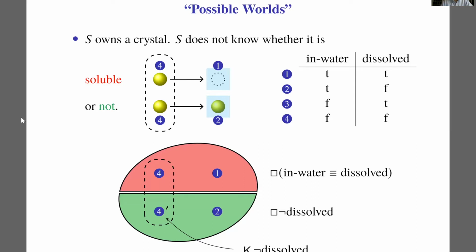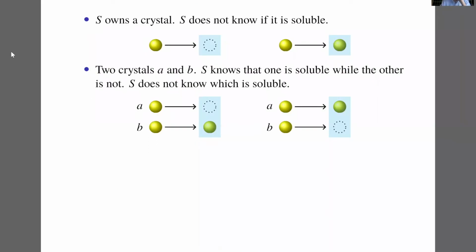But this is propositional modal logic, and my talk today is about something swept under the rug here: taking seriously the fact that solubility is a modal property of things rather than just a propositional fact. So to show that in the picture, there are two crystals A and B, and the cognizer knows that one is soluble while the other is not, but she does not know which is soluble.